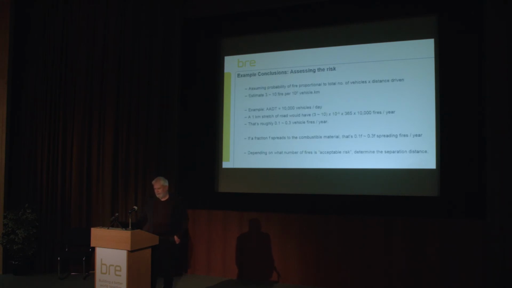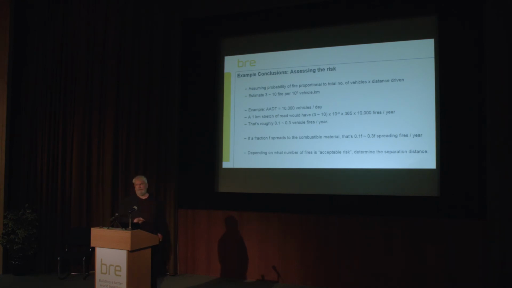So then pulling all of this together and trying to assess what the risk would be, we assume that the probability of fire is proportional to the total distance driven and the number of vehicles, and from various sources of data, this rate of fire is around 3 to 10 fires per 10 to the 8 vehicle kilometres.